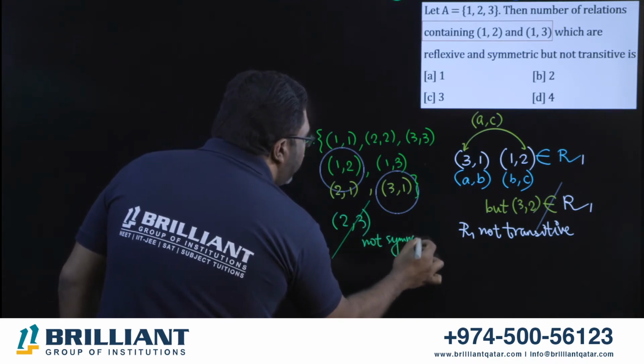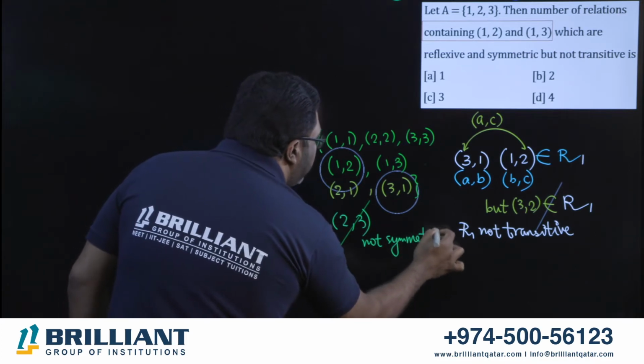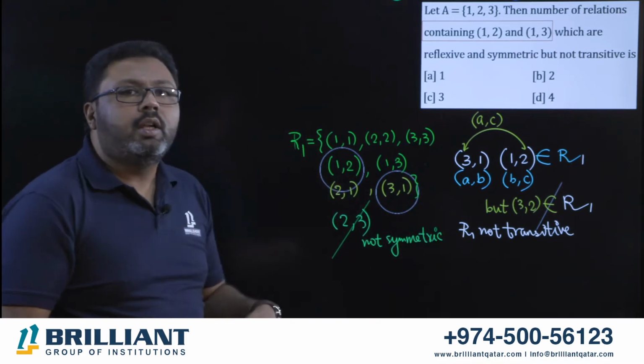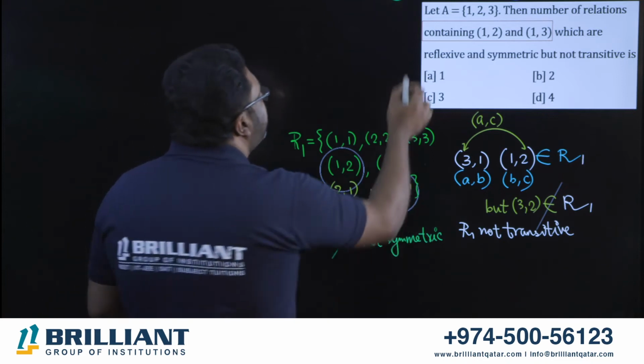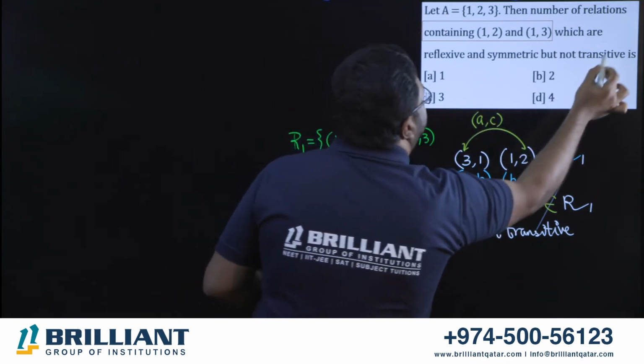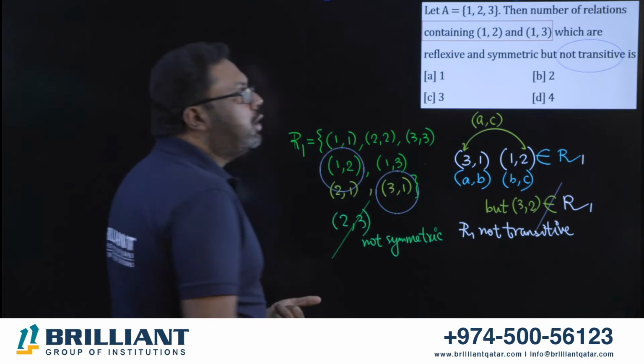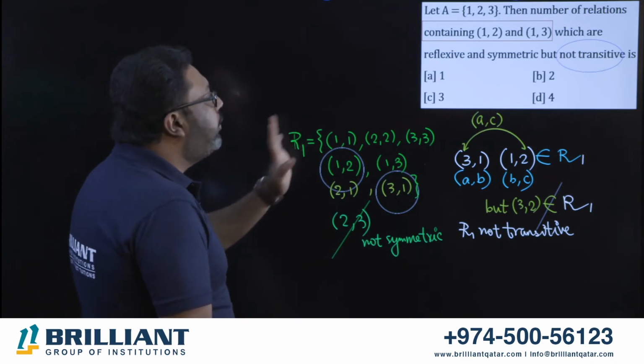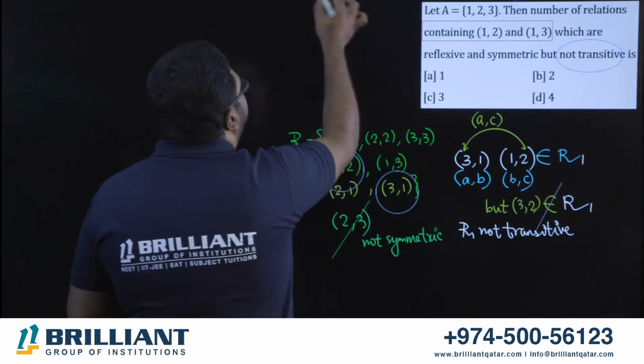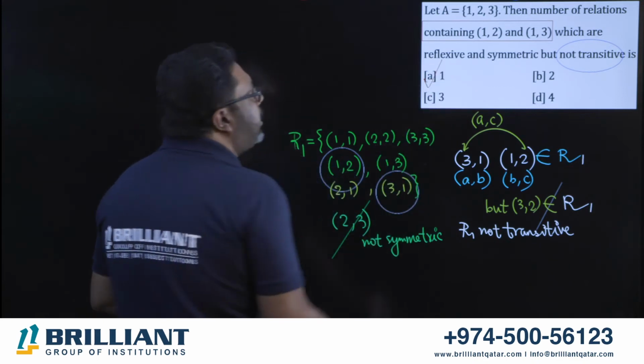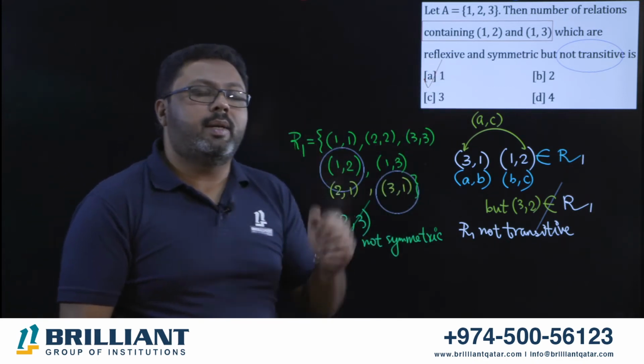If 2, 3 comes, you need a 3, 2. And if you put 3, 2, it becomes transitive. I want a relation which is not transitive. Okay. So what is my final answer? How many relations can I form? I can only form one relation. That is why I discussed that question now.